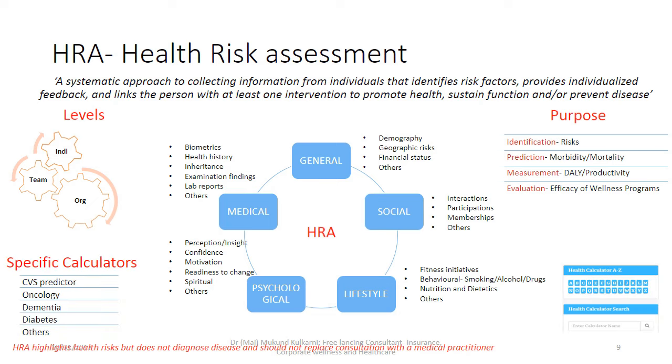Of course, medical advancements are going to refine, create, and even delete some of the older parameters which are used as calculators to identify a particular risk. There are many calculators available today which predict a particular organ system risk or health: CVS predictors, oncology predictors, dementia and diabetes predictors.